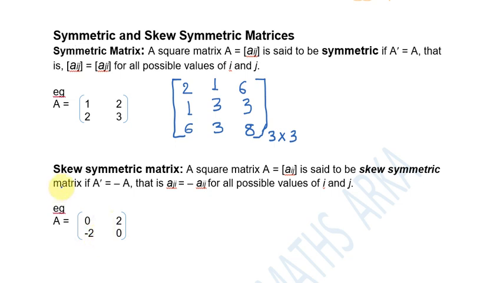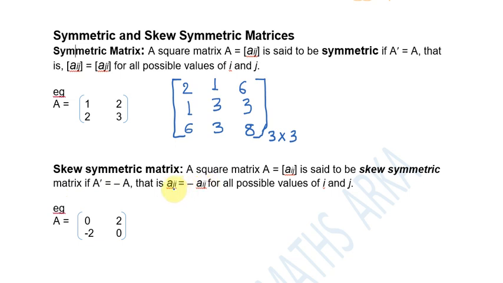Also, it is a square matrix and the transpose of A is equal to -A, that is, for each element, for example, a_ji is equal to minus of a_ij.